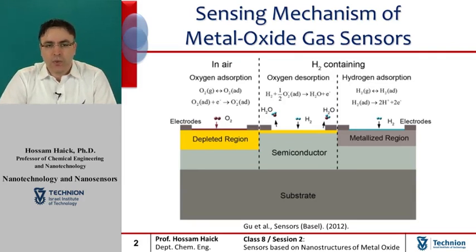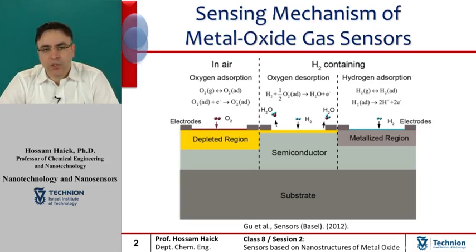In air, we have an equilibrium coverage of electronegative oxygen adions that lead to surface band bending, as shown here on the slide. Consequently, the conductivity of N-type sensors decreases with respect to the bare surfaces. This conductivity level sets the baseline level of the sensor.